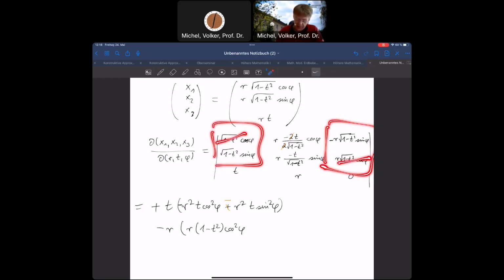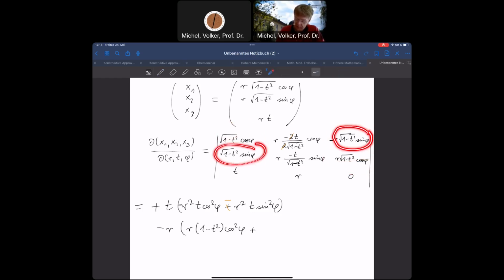And the remaining one, again with the minus, that minus gives me a plus. And then it's this with that one. It's an r, first of all, and again the factor with the square root, which is 1 minus t square, and the sine with the sine gives me sine square.